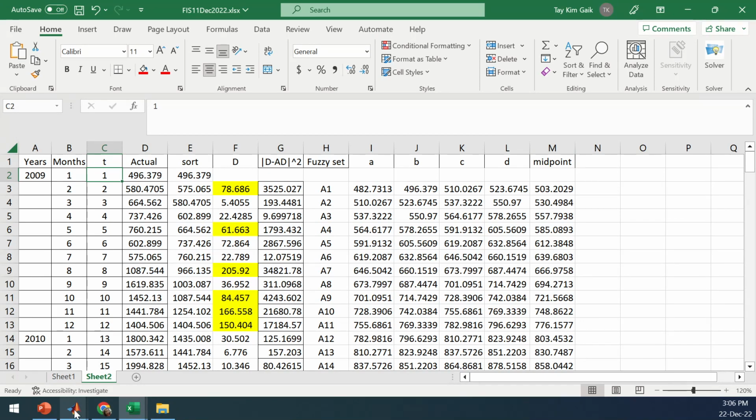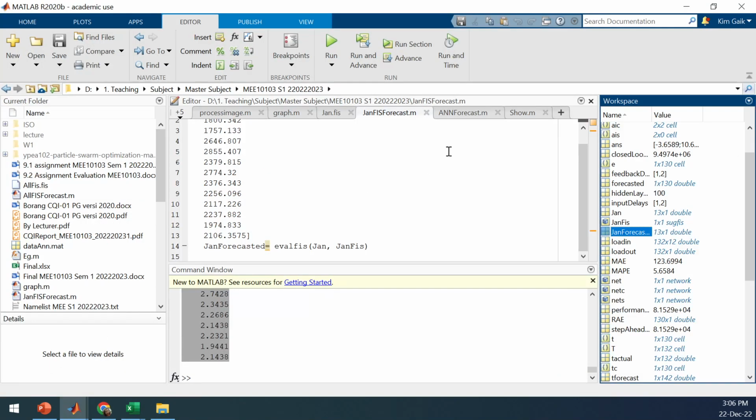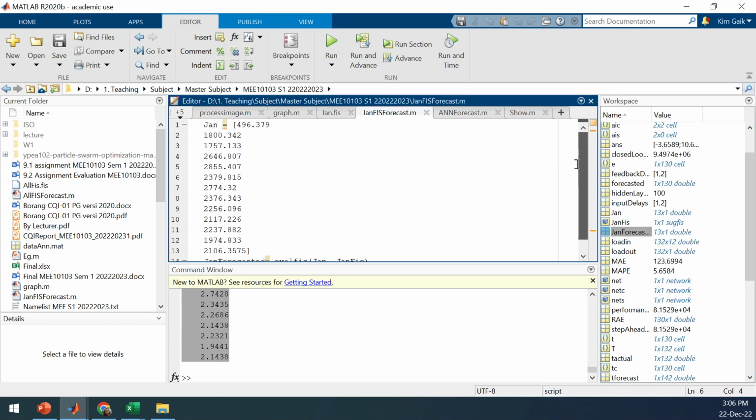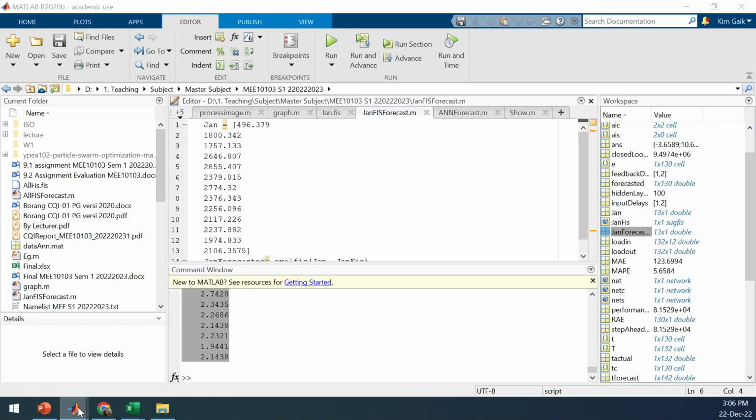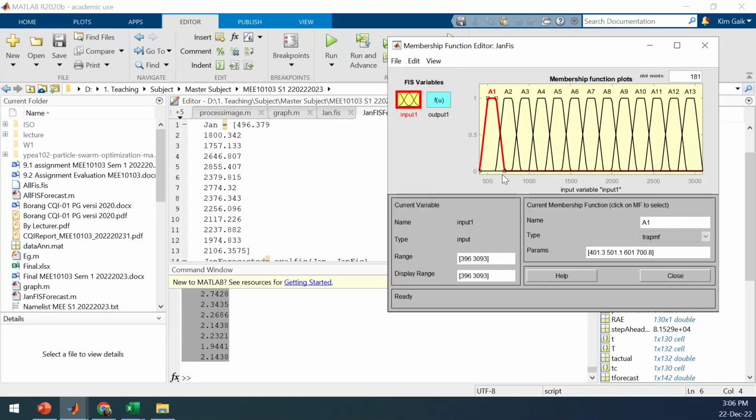This is because we have only the time series data. If we had multivariate data, maybe you want to forecast electricity consumption instead of using only the historical data. Maybe you have temperature data, then you may set something like that.